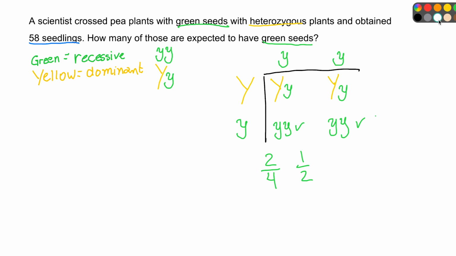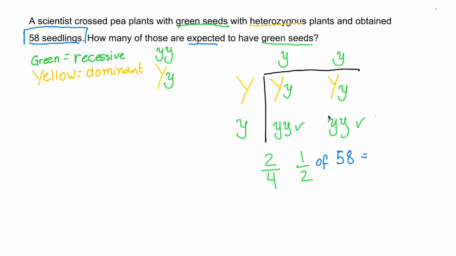So 1/2 of 58, because 58 is the total number of seedlings we obtained. So 1 out of 2 of 58, 1/2 of these 58, is what I expect to be green.